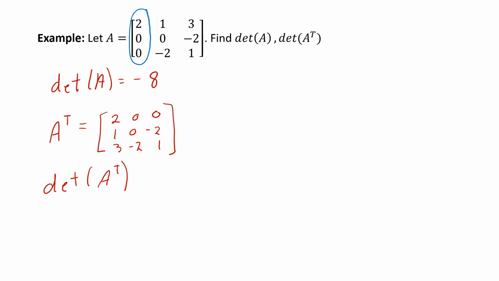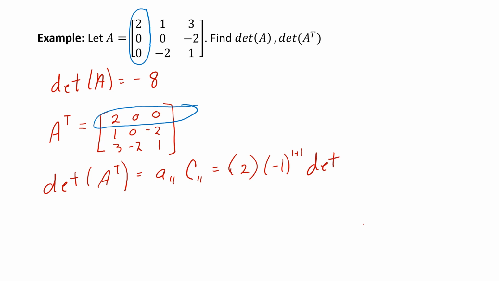Well, to get the determinant of the transpose, let's use the same idea, except now the first row is the very simple one to calculate. So it's going to be equal to A11 times C11, which is 2 times C11, which is negative 1 to the 1 plus 1, times the determinant of what's left when you eliminate the first row and column.